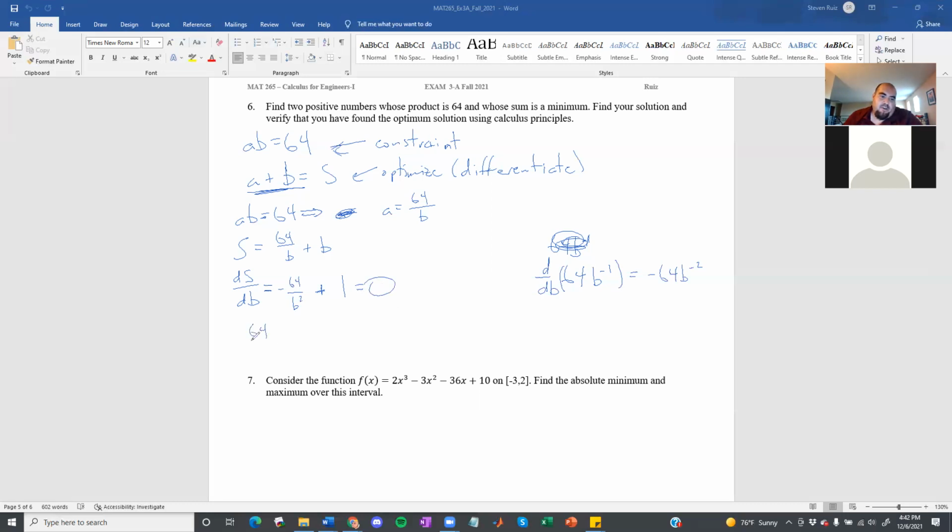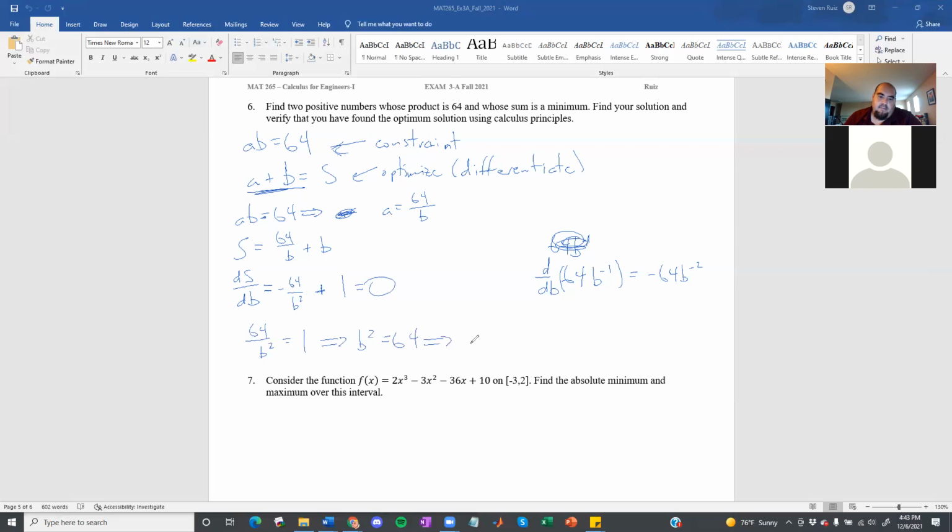So that gives me 64 over b squared equals 1. And then you subtract the negative 64 over, or, oh, I've already done that. So that's where 64 over b squared is equal to 1. So then you'd want to multiply by b squared. And so that gives me b squared equals 64.